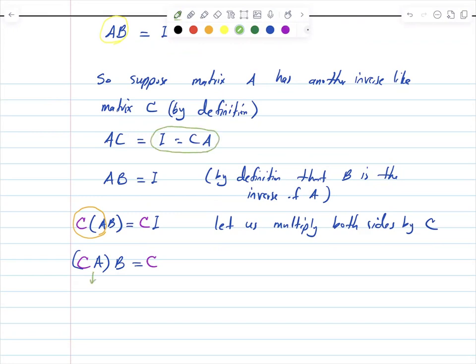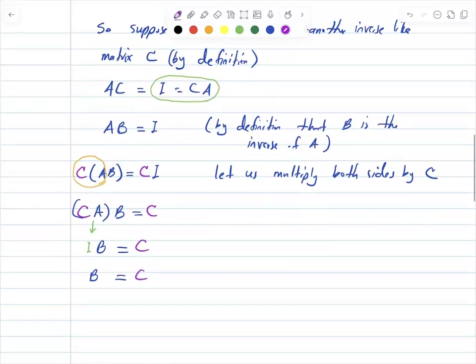So I have I times B, and on the right-hand side, I have matrix C. I times B is equal to B, and on the other side, I have C.